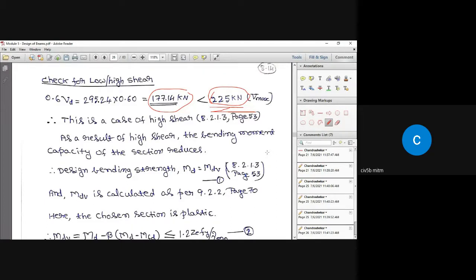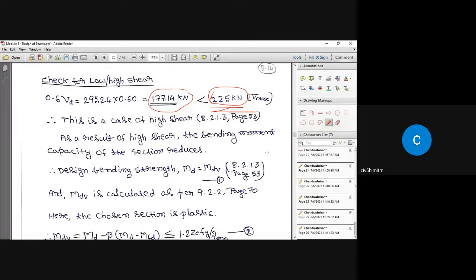Go to the end. Clause 8.2.1.3 says: when the design shear force V, which in the problem we have called Vmax, exceeds 0.6 VD, that's what it is, 225 kilonewton is greater than 177.14, where VD is the design shear strength of the cross section, the design bending moment strength MD shall be taken as MD equal to MdV.